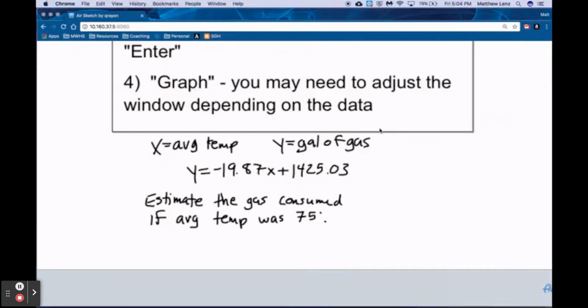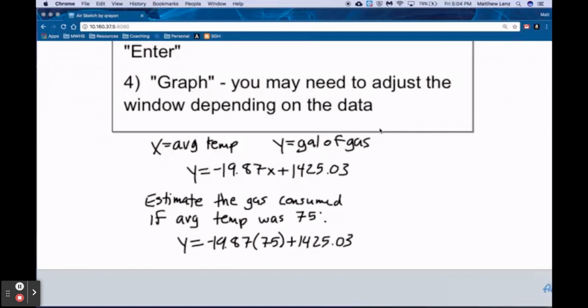Well, we can use our equation to come up with an answer for that. Okay, again, this is the point of the equation, is we can then make predictions based off of that data. So then I would do y equals negative 19.87, and I would be plugging in 75 for x.